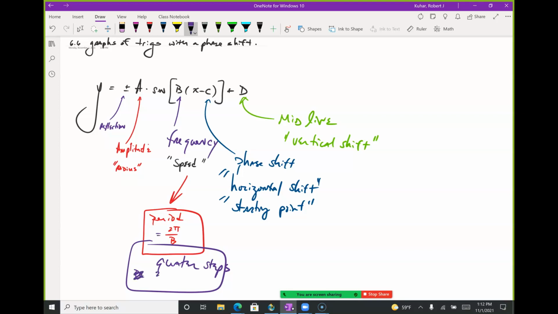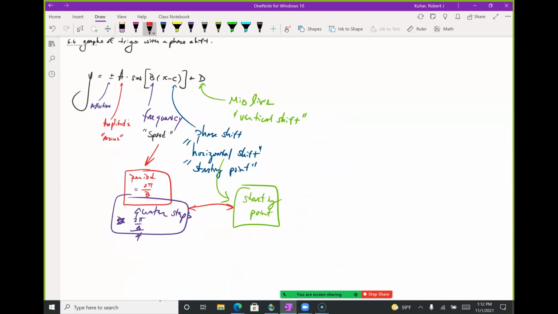So better yet, 2 pi over B divided by 4. And of course 1 step, 2 steps, 3 steps, 4 steps. And then when I do the phase shift, I have to get that starting point, right? And so I'm going to kind of marry these 2 pieces together: the starting point, and from there the quarter steps.